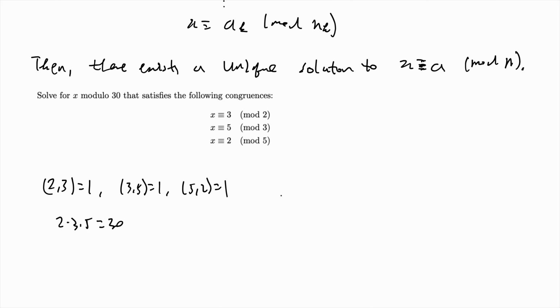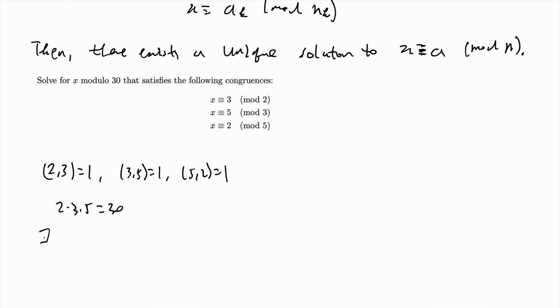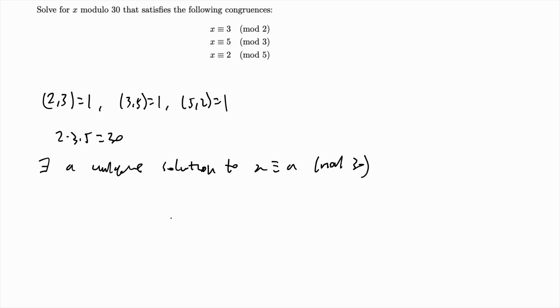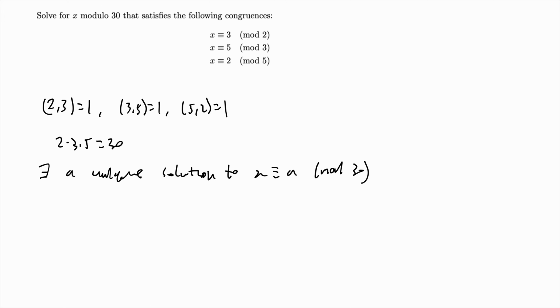And that means there exists a unique solution to x is congruent to a mod 30, and we're going to find this a. That's really simple from here. You might ask, why is this considered an Olympiad problem?